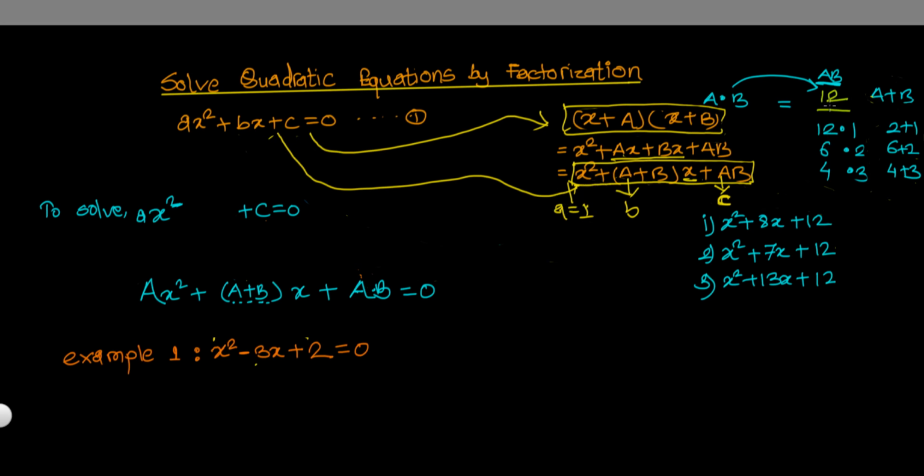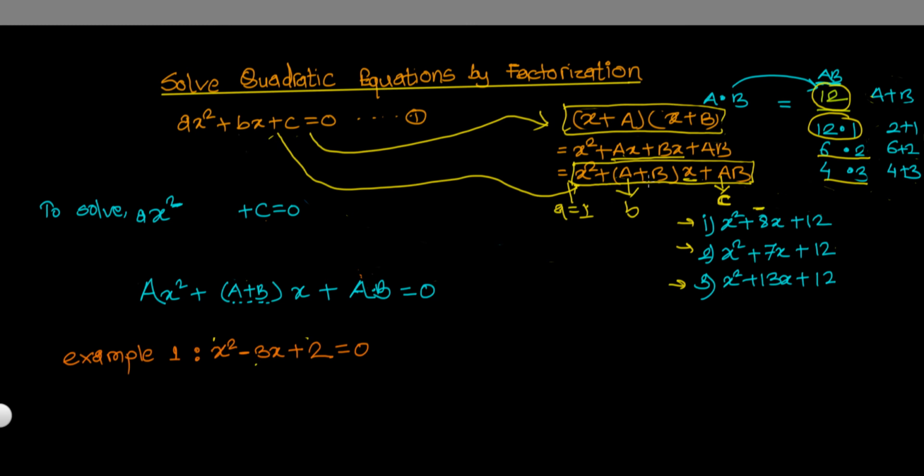Let us see an example with 12. The factors of 12 are 12 times 1, which is 12, 6 times 2 is 12, and 4 times 3 is 12. Suppose we are given three expressions to factorize.